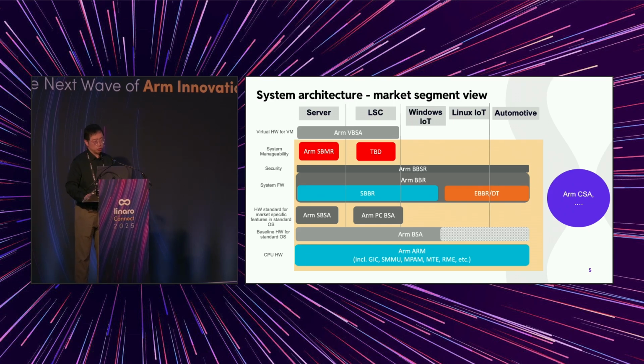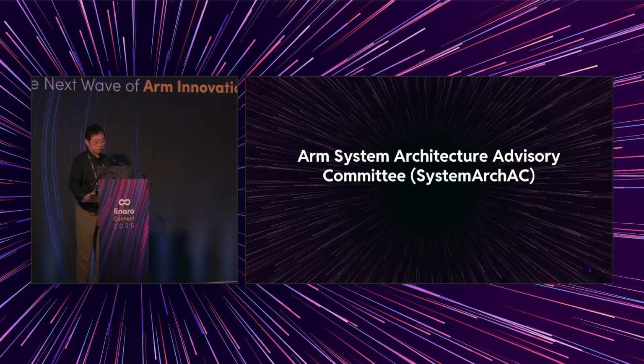This is about the virtual environment for running hypervisors. Of course, Arm also has the confidential compute and chiplets standards, architecture as well. Those are not necessarily related to the OS enablement, but they are also very important.